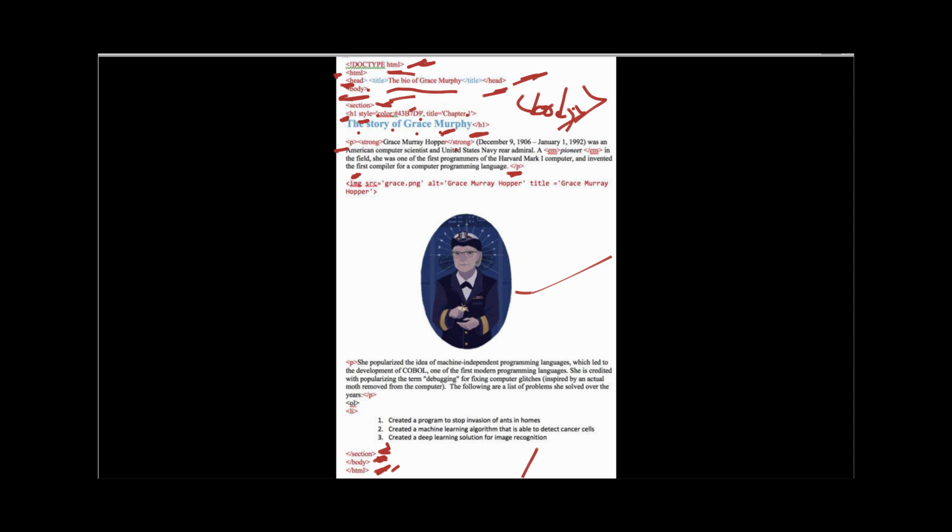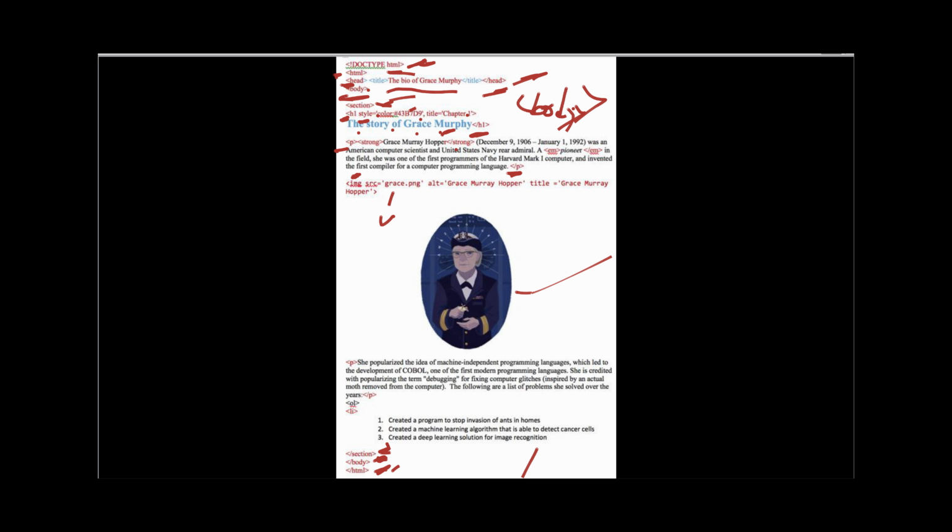Remember, always give it a value. So the attribute is src, and the value is grace.png. Now, this grace.png is the name of the picture file. The picture is called grace.png. PNG is just a type of format.